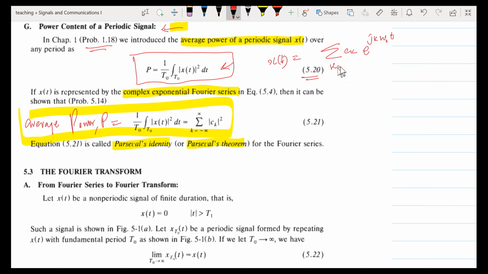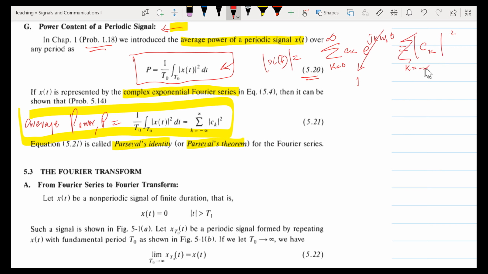Therefore, if you take the magnitude of this term, the exponential term becomes 1, and the only term you are going to find is the modulus of ck.